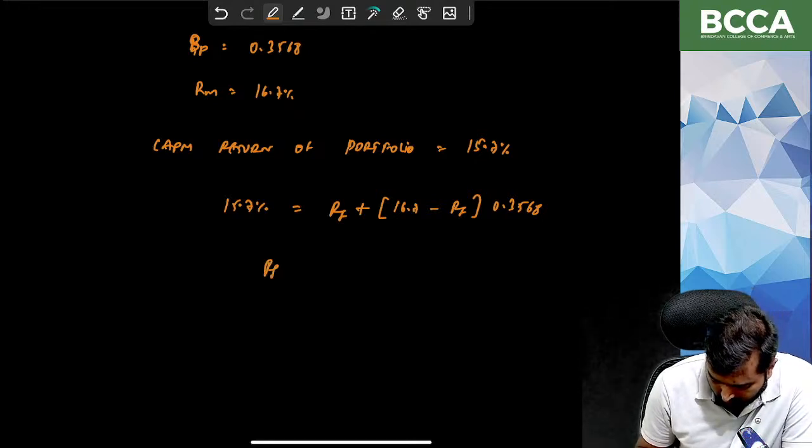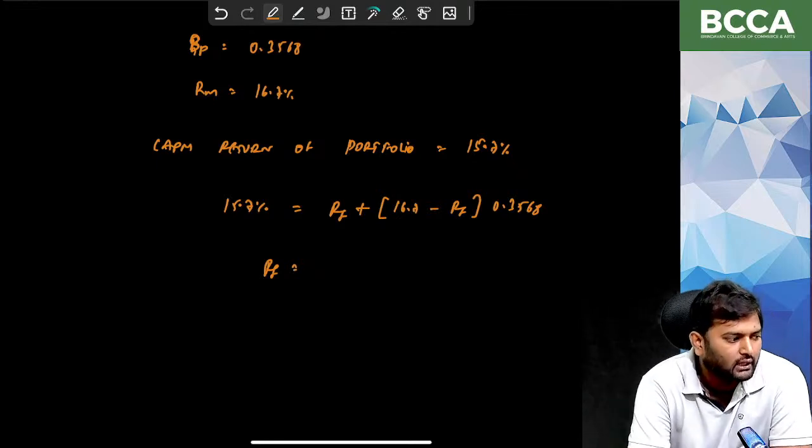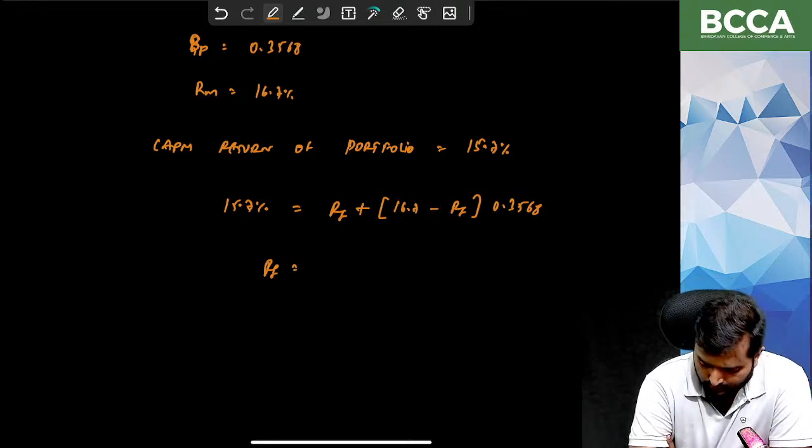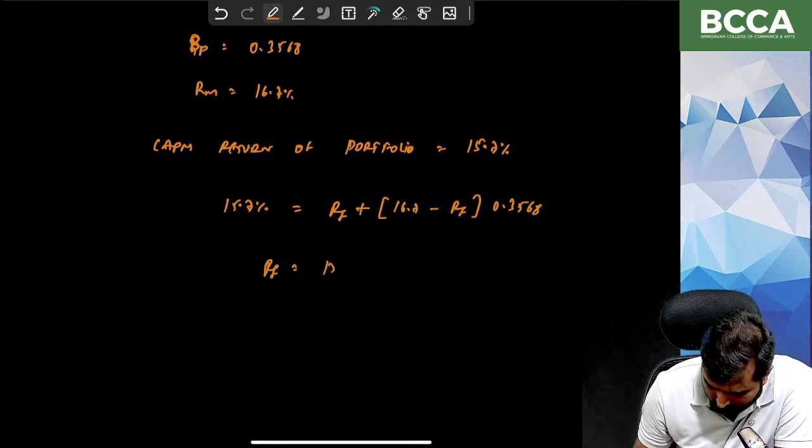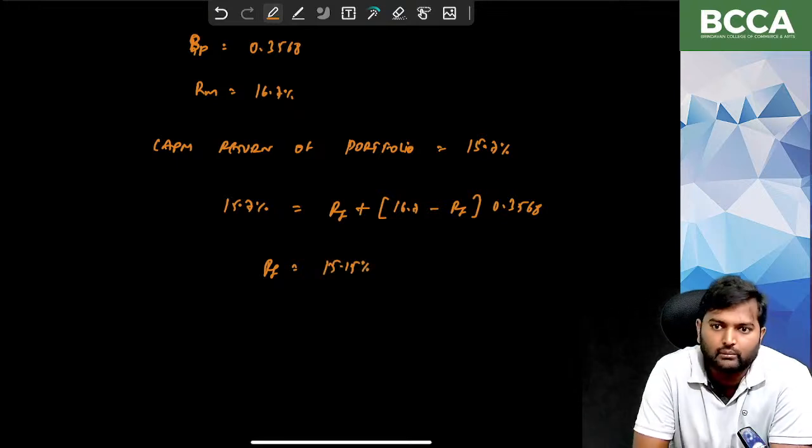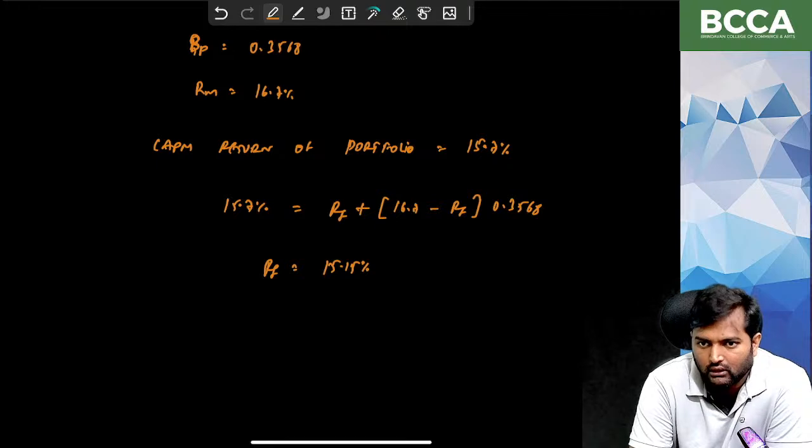So RF is equal to, let me know the answer for RF. 15.15% is the risk-free rate. But generally, the risk-free rate will not be that much. I mean, 15.15. The risk-free rate will be around 8%, 9% generally. But here we got a risk-free rate of 15.15 percent.